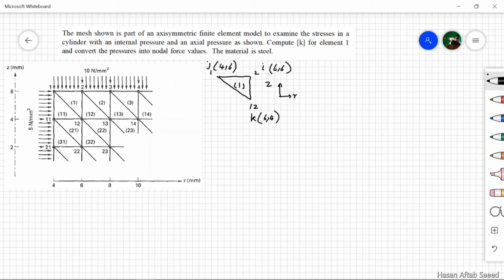Now the B matrix, which is necessary for K, is this.